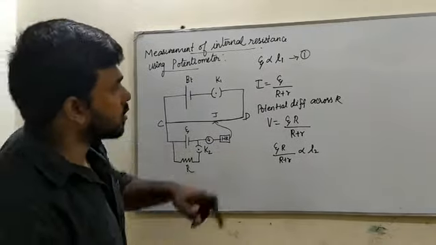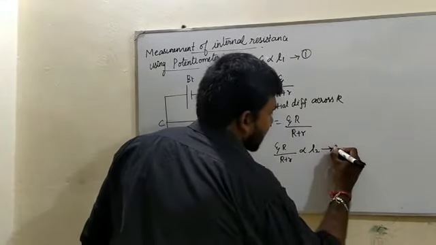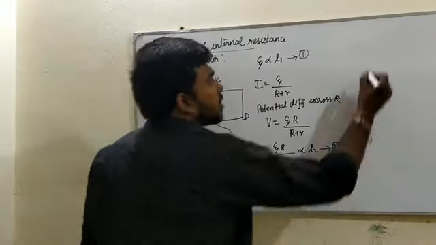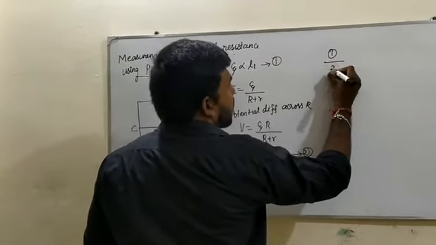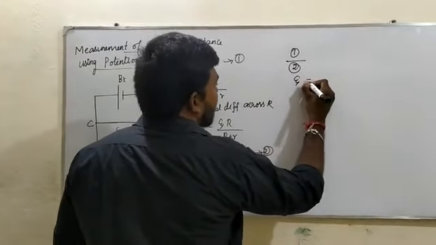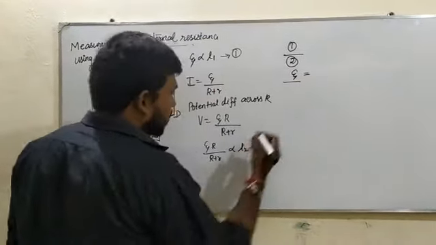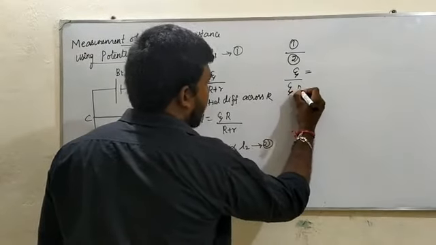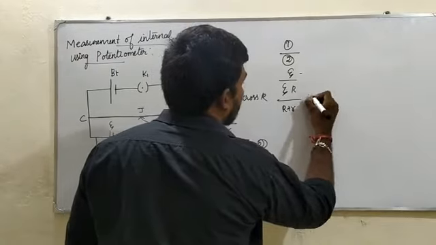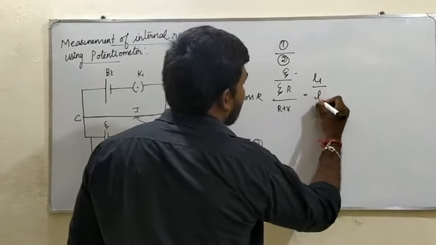We can consider this as equation number 2. Using these two equations, divide equation 1 by 2, we get xi divided by xi R by R plus r, which is equal to L1 by L2.